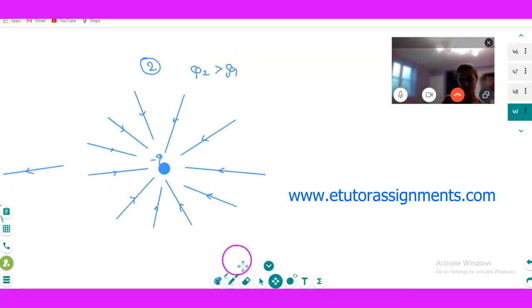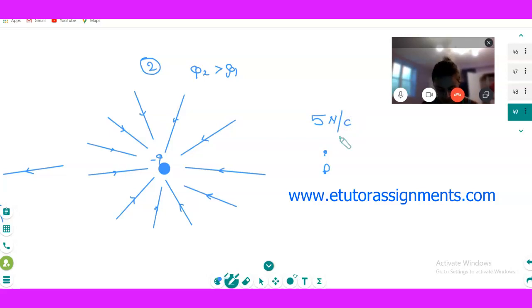Suppose in this electric field, listen carefully to my question. The electric field at this point P is 5 Newton per coulomb.